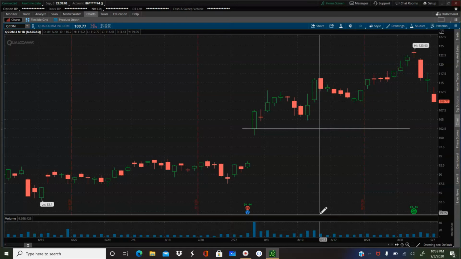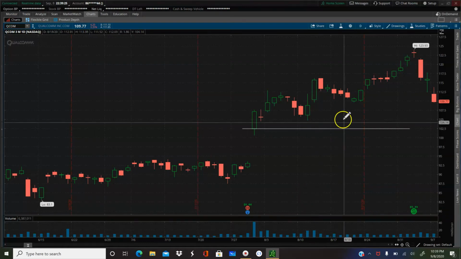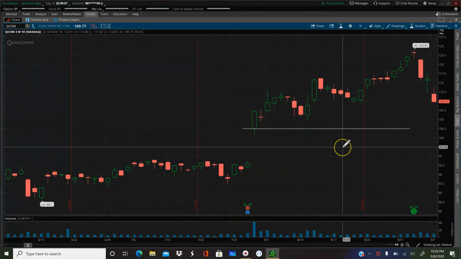You have your own exit strategy, right? So, get out whenever you want to get out. But let's say you jump into Qualcomm and it goes against you, you get out at your entry candle. So, you jump in at 1025 approximately. If Qualcomm were to dip to 1025 and below, get out.